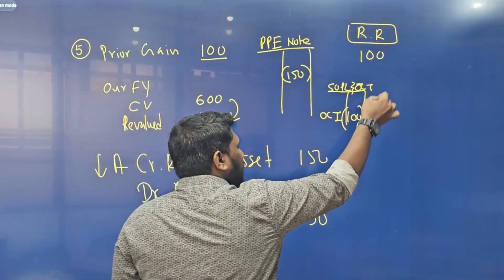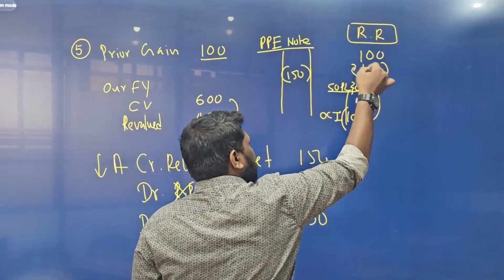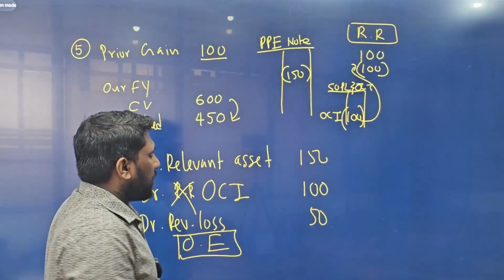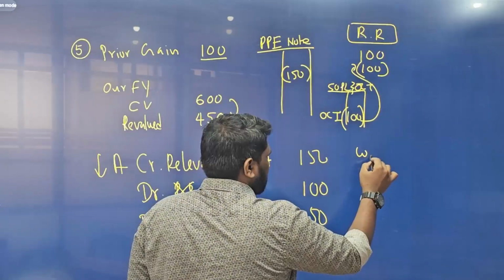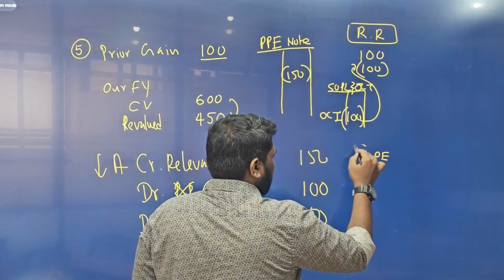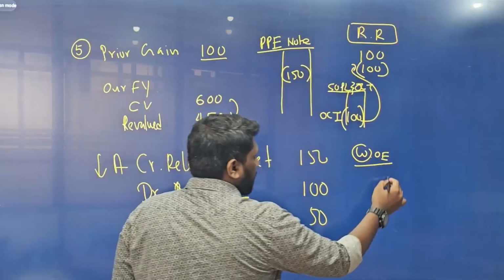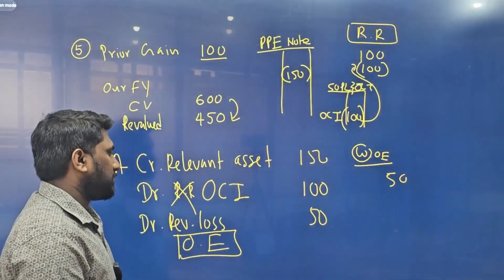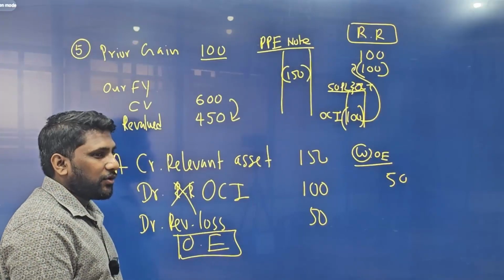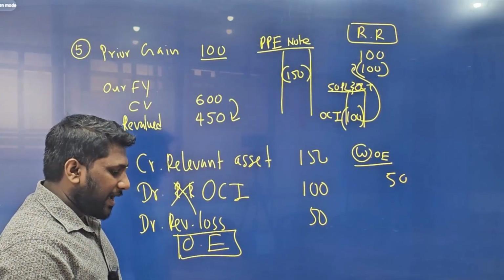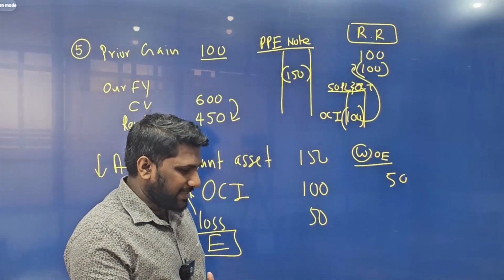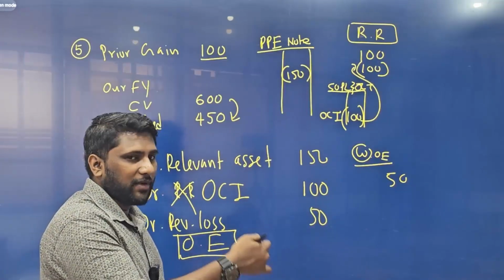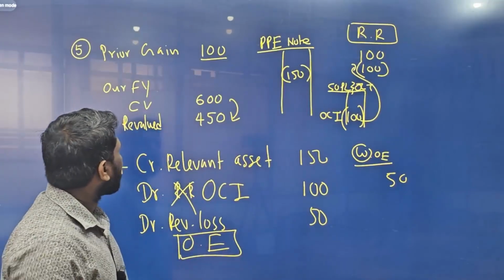So Mr. OCI will go and give it to Mr. Revaluation Reserve like this. Later, end of the year, the remaining 50 will go under the workings. Under other expense working, you have to record a 50 expense, which is the revaluation loss. So this is how you have to do it when there is a prior revaluation gain and subsequent revaluation loss.